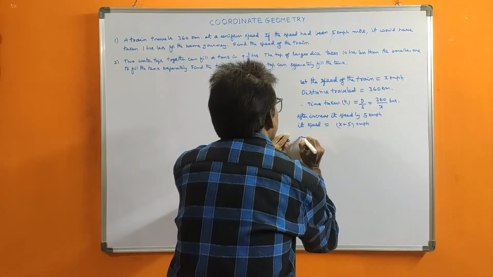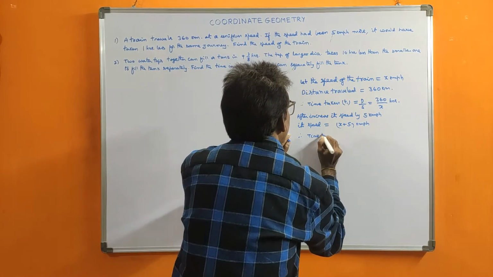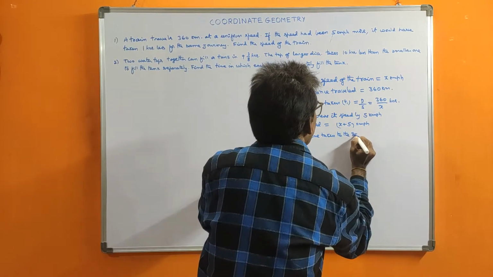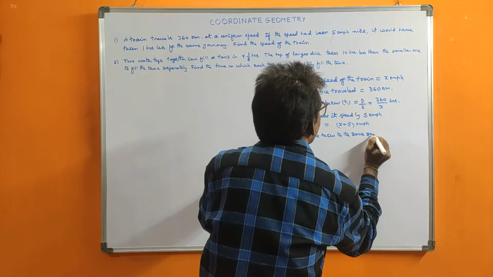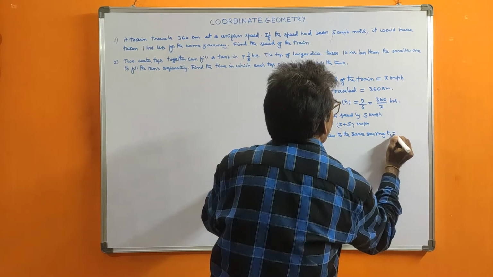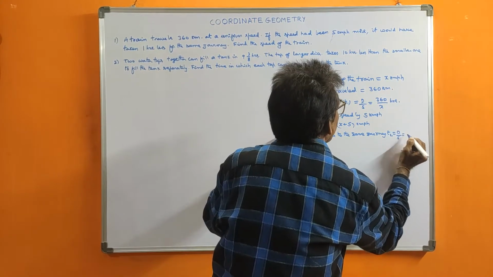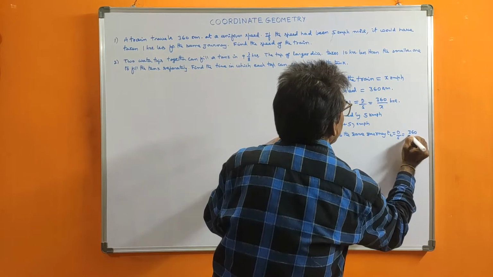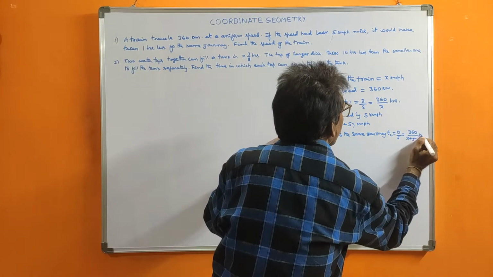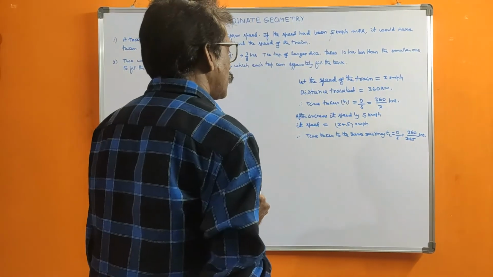Now the time taken for the same journey, that is t2, is distance by speed. So 360 divided by the speed x plus 5 hours.